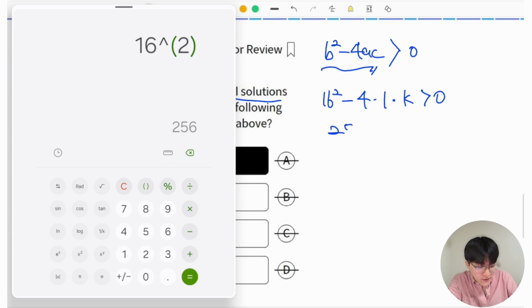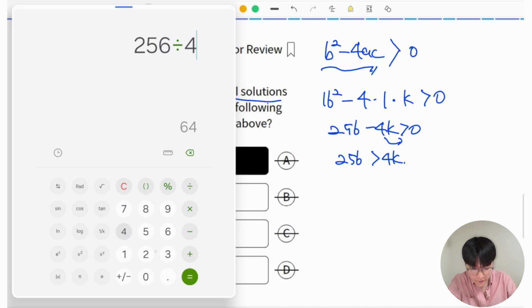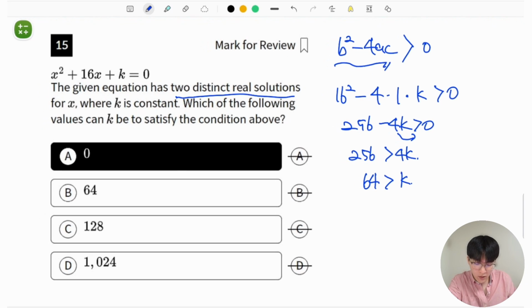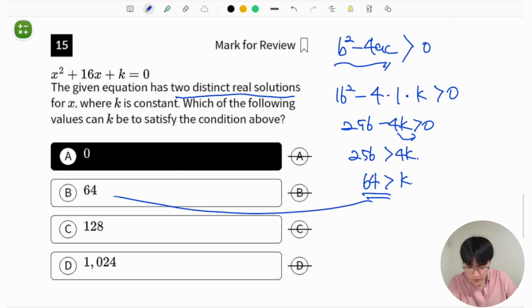So 256 minus 4k has to be bigger than 0, and I'm going to move this minus 4k to the other side. If we divide that by 4, we get 64 has to be bigger than k, or k has to be smaller than 64.